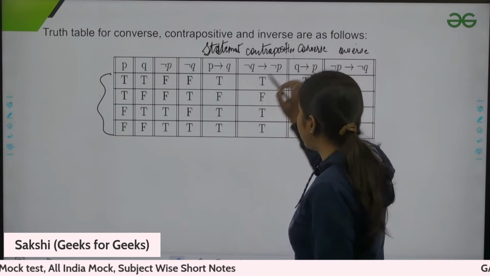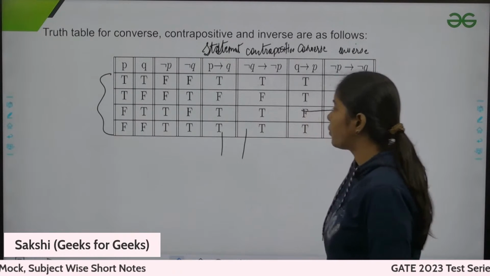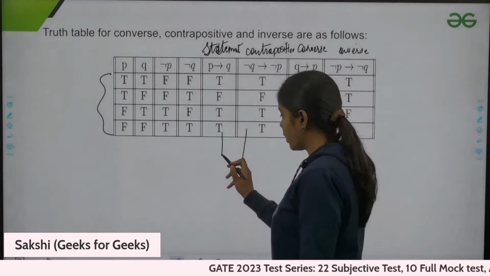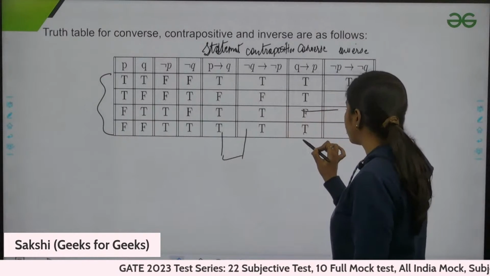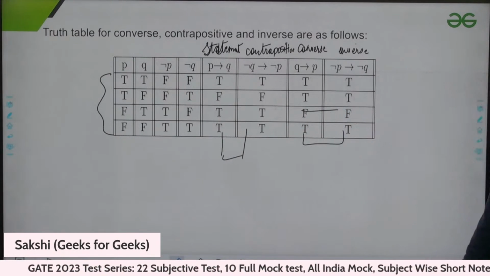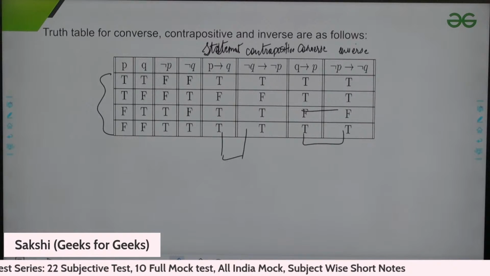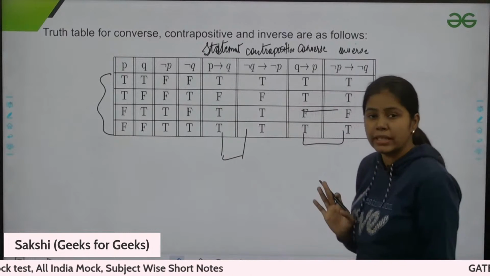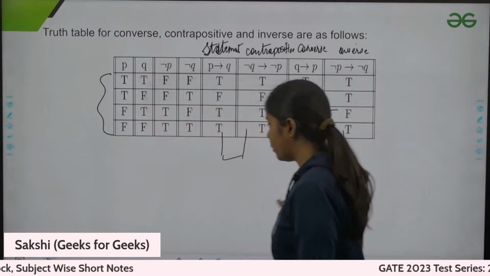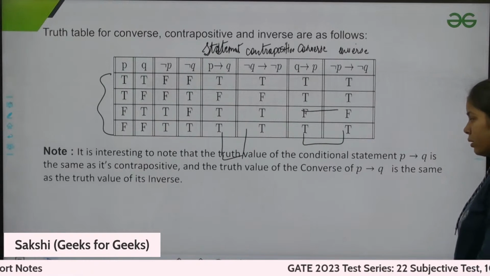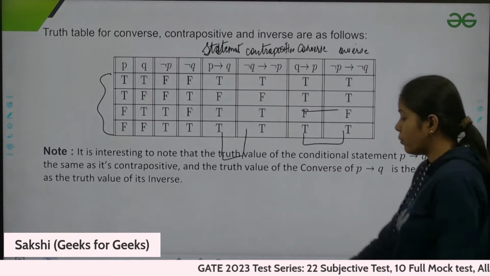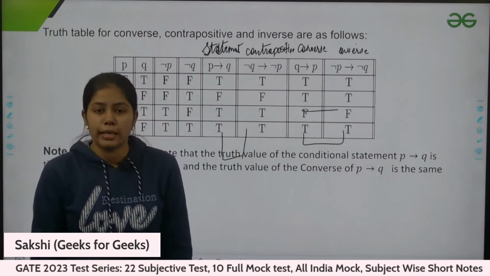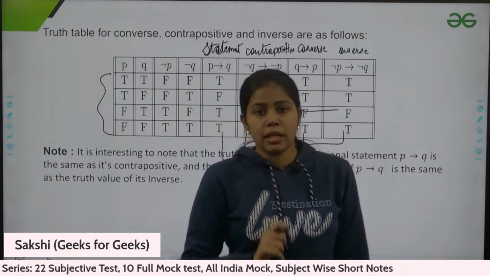Now I can see that the statement and its contrapositive both have the same truth value, right? You can check from here, and you can also check from here that the converse and inverse also have the same truth value. The statement and its contrapositive have the same truth value, the converse and its inverse have the same truth value. And one more thing we have: if two statements have the same truth value, I can say that they are propositionally equivalent.